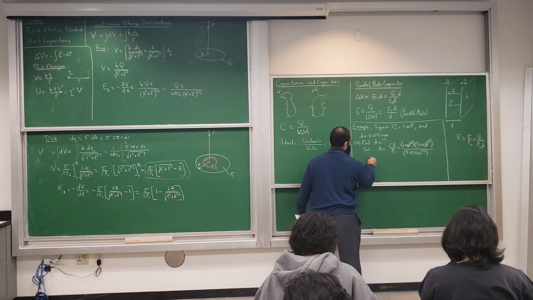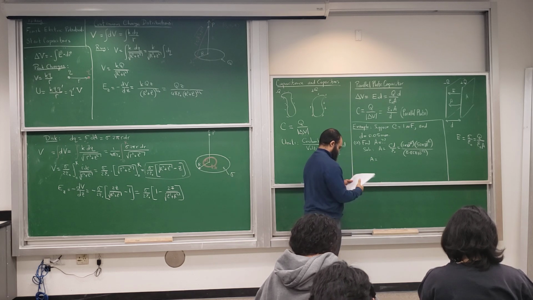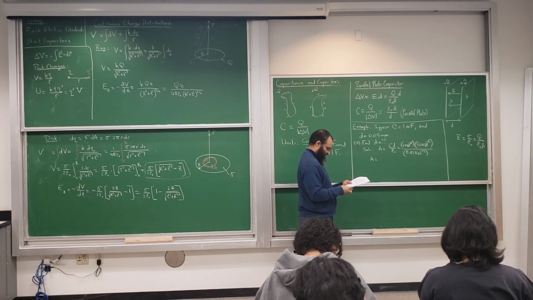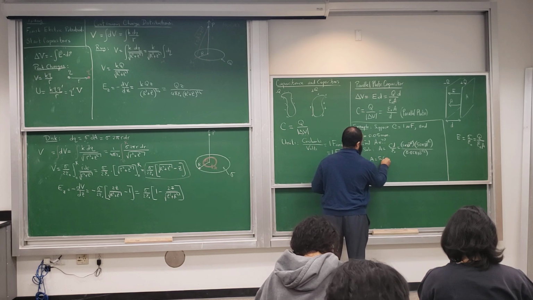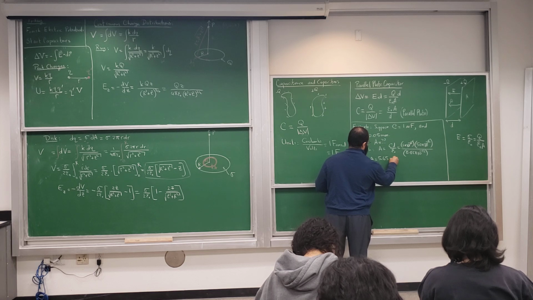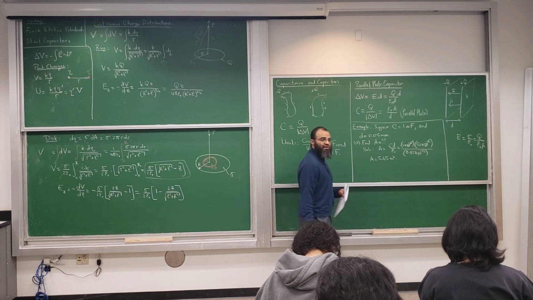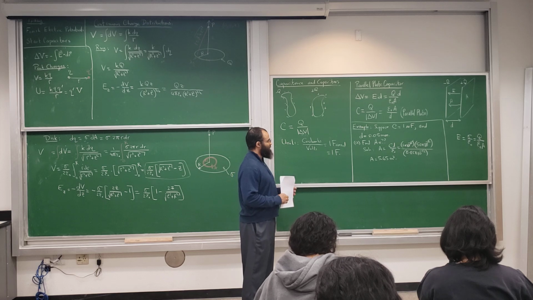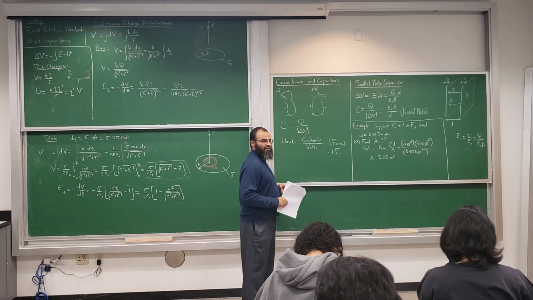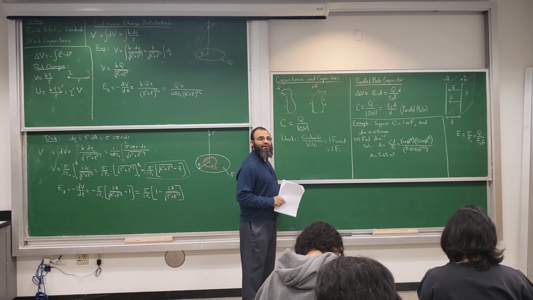And so the area is 5.65 square meters. That's the area of this capacitor. Are both those exponents negative?